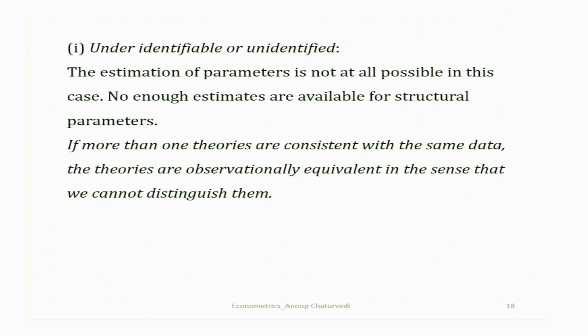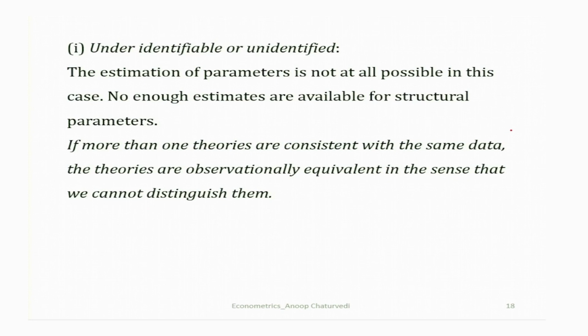So, on the basis of reduced form coefficients, you cannot estimate the structural parameters. Or in other words, if more than one theories are consistent with the same data, the theories are observationally equivalent in the sense that we cannot distinguish them.